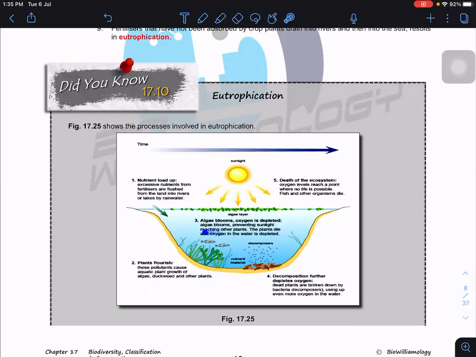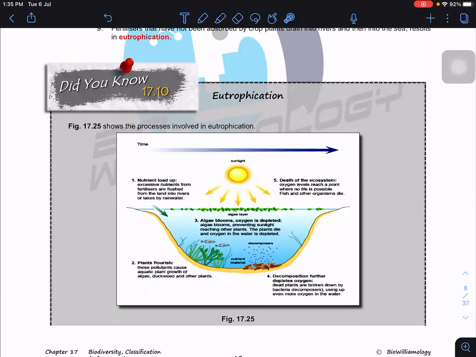So what happened to the fishes? The fishes won't be able to get sufficient oxygen and they die. So this is what we say when eutrophication takes place. When a fish dies, it gets even worse, because decomposition of the fish gives you even more bacteria, and these bacteria are going to pick up the oxygen.